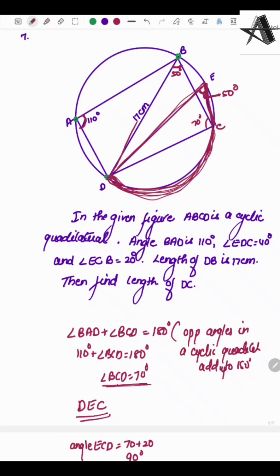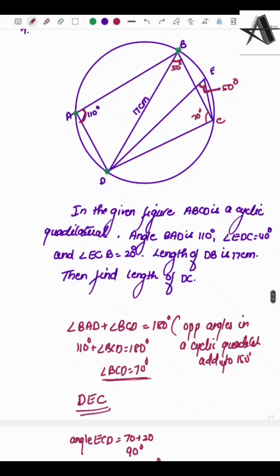If the same arc is making an angle at another point on the circumference, both angles should be equal to each other. If it's still unclear to those who haven't done the circle theorem, I'll be doing circle theorem in coming days, so you can do that and then come back to this question. So these two are 50 degrees.